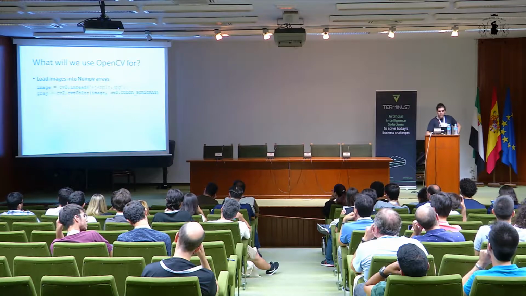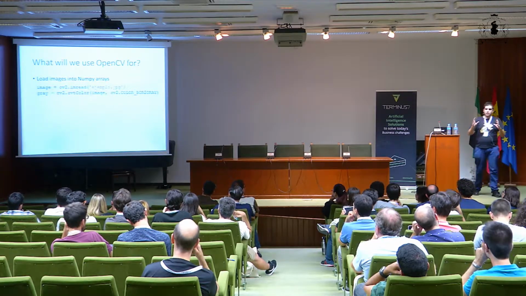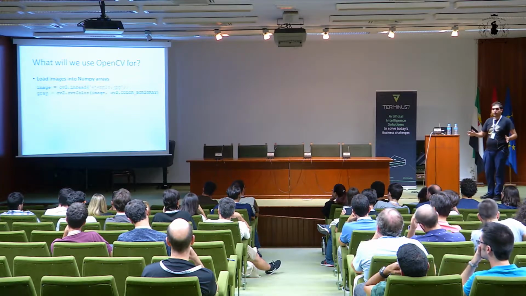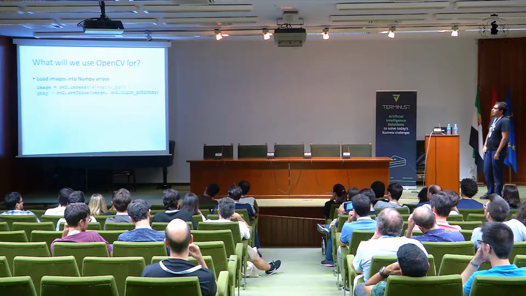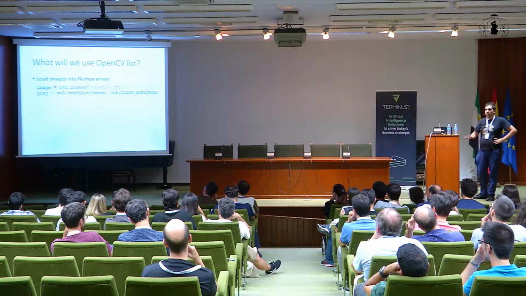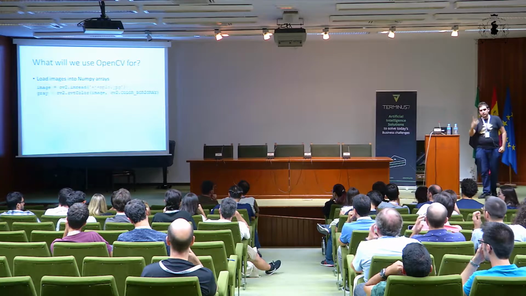So, what will we use OpenCV for? The first thing that we are going to do with OpenCV is load the image inside a NumPy array, just like that. The first line loads it, and the second just translates it to black and white in order to have a single matrix and not the 3 channels.